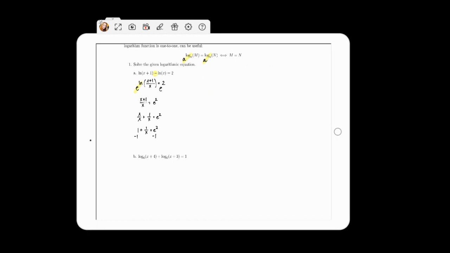When I do this, I will get 1 over x equals e squared minus 1. And finally, to solve for x, I will take the reciprocal of both sides. That is, I will take 1 and divide it by what's on both sides. So I will have x equals 1 over e squared minus 1. And that's all I have to do to solve the logarithm equation.